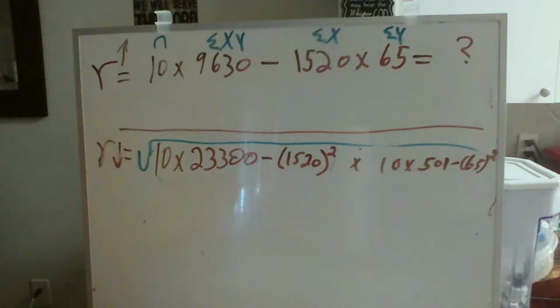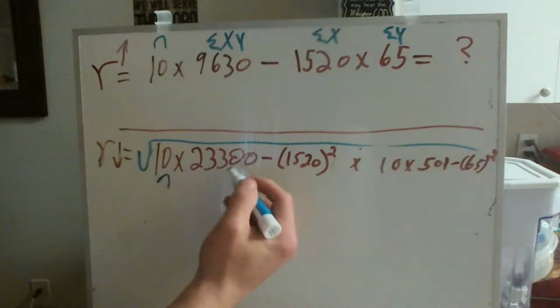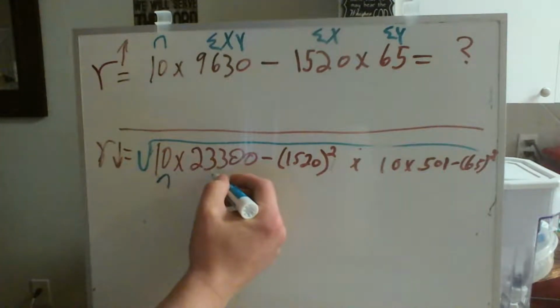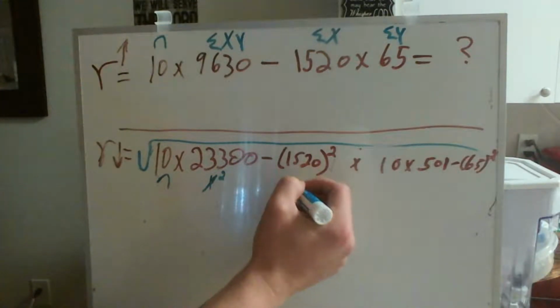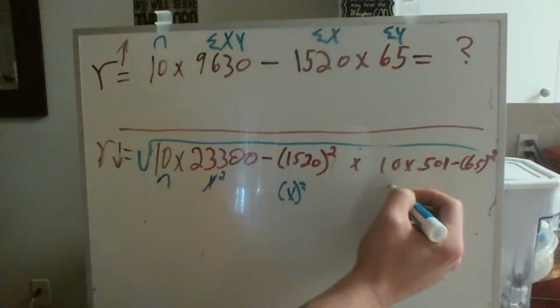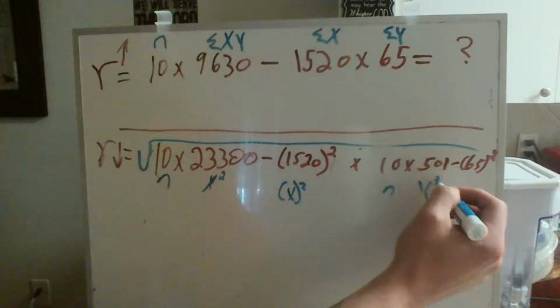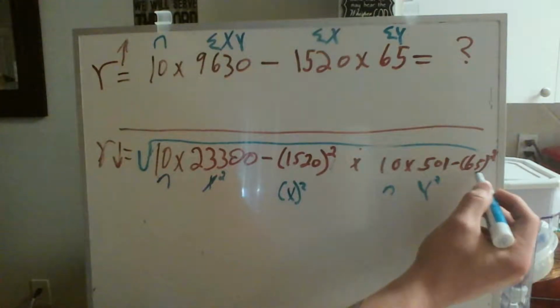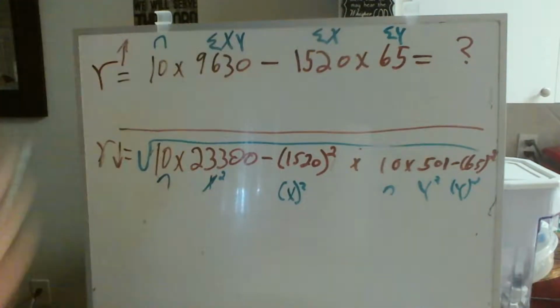Right here we have x squared, and we've got parentheses on it, and the same thing over here, n times y squared and y squared outside the parentheses. All right.